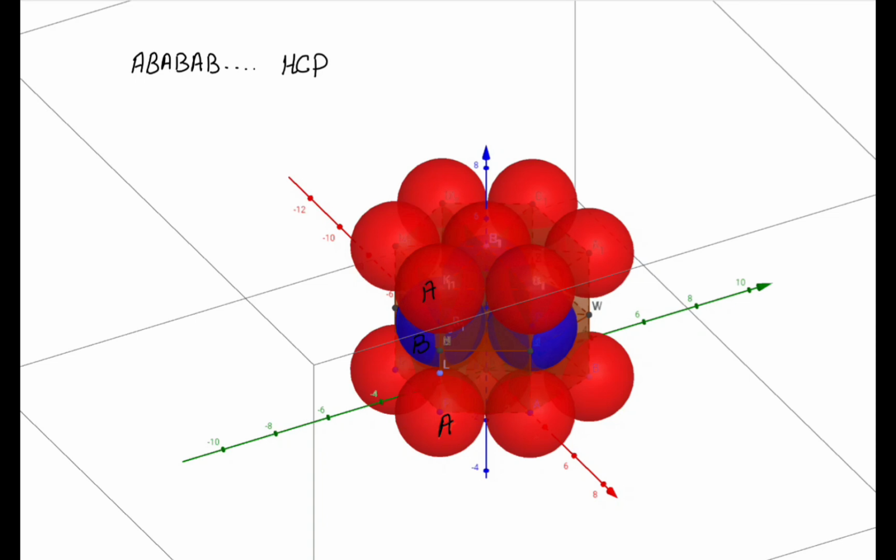But if the third layer is shifted not on top of A, in this case, the sequence will be A, B, C, A, B, C, and so on. This will be face-centered cubic crystal. Let's see how that looks like.